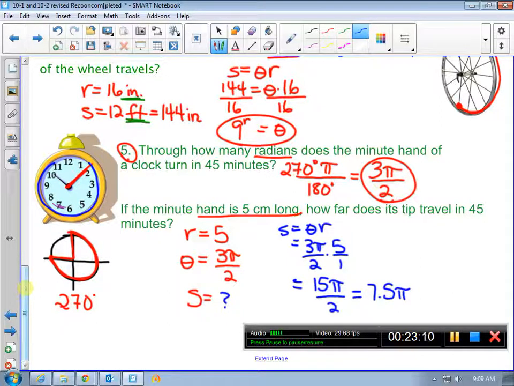So for the nearest centimeter, you could do 7.5 times and find that pi value on your calculator again. And I've got approximately 23.56 centimeters. I rounded to the hundredths place.